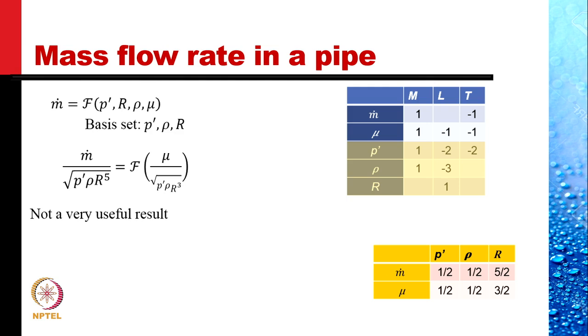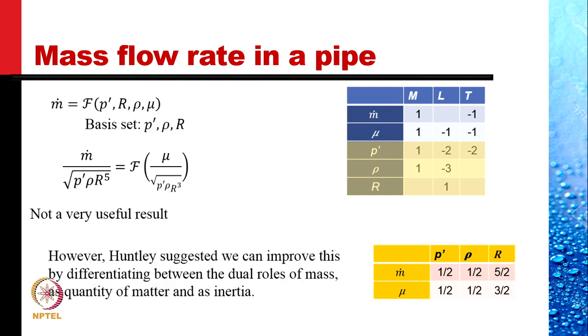We'll have to do a lot of experiments to establish this functional relationship. However, Hunter suggested we can improve this by differentiating between the dual roles of mass as quantity of matter and as inertia in this case.